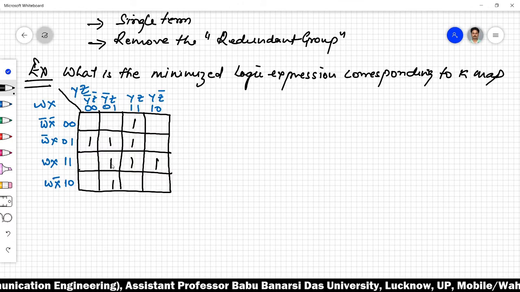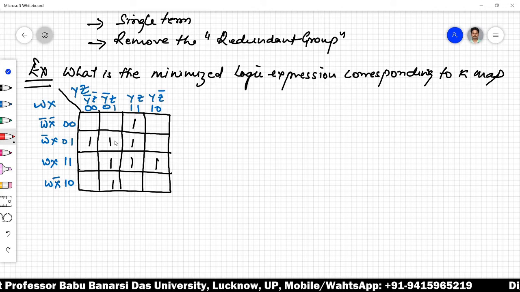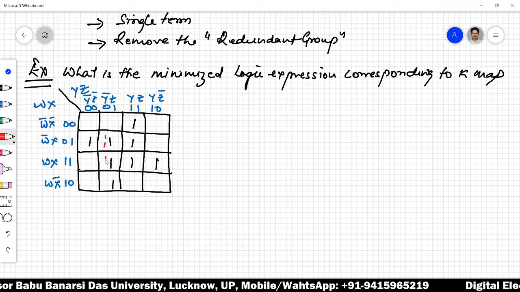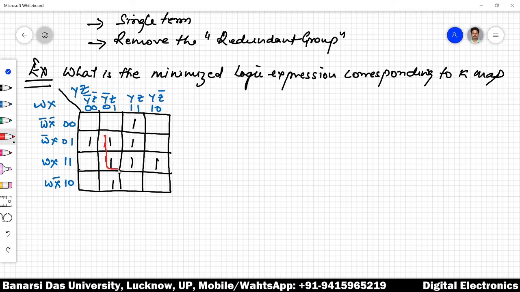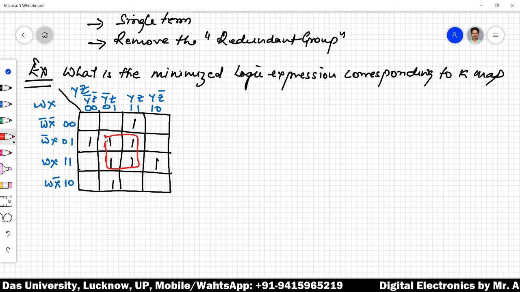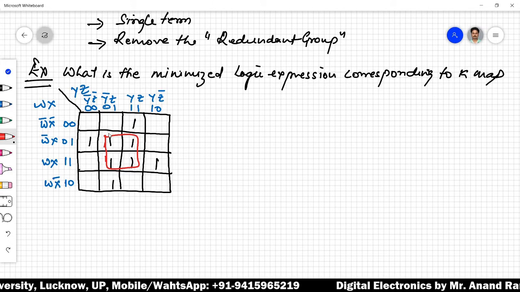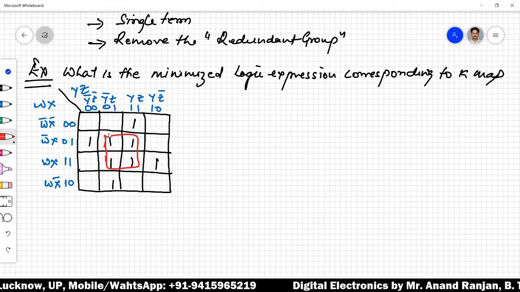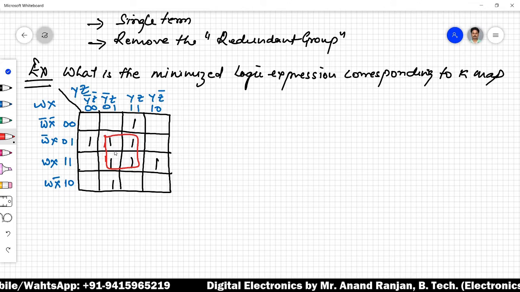Yes, of course, at the center you can see that you can make a big quad, a four adjacent cell group. So let me encircle this group like this. After the octet we look for the next bigger adjacent cell group, which is the quad.